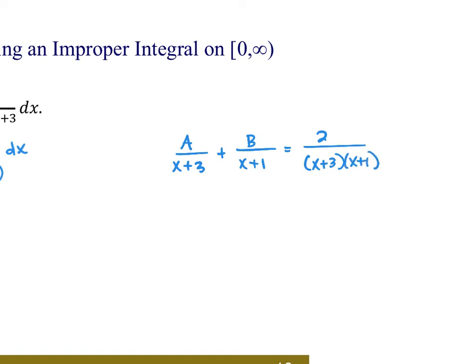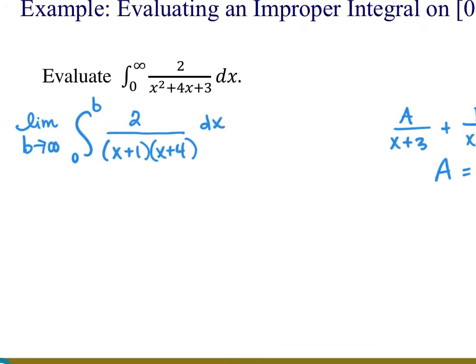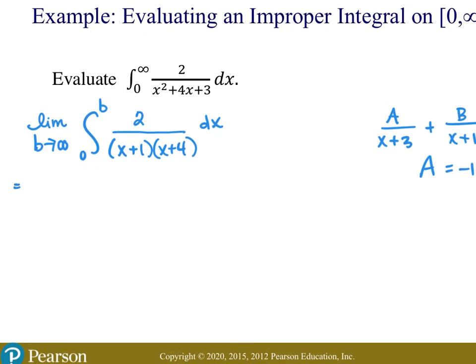So I'm not going to talk down to you today and help you remember how to do that. Let's just assume that we have done all of the work for the partial fractions, and that A turns out to be -1 and B turns out to be +1. All right, so let's go back to the task at hand.